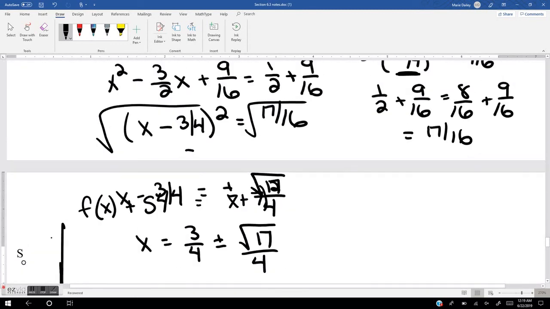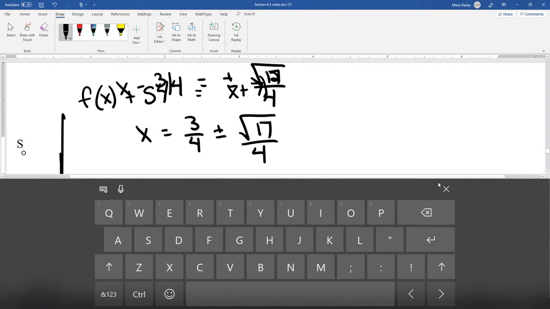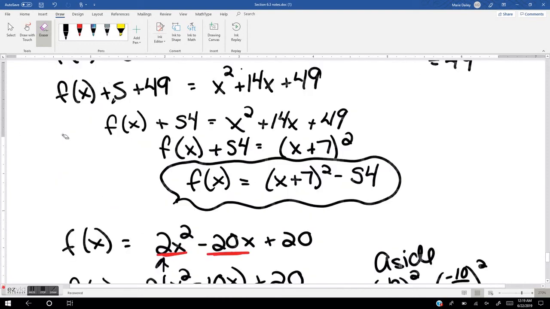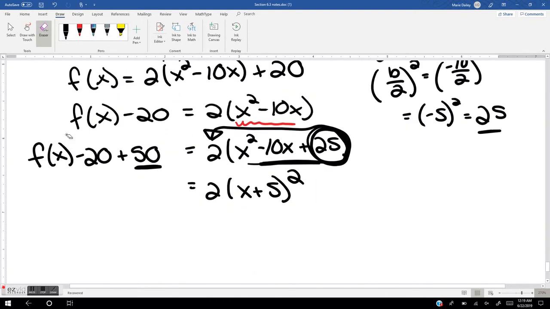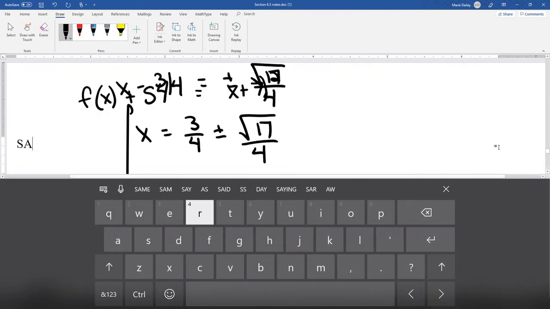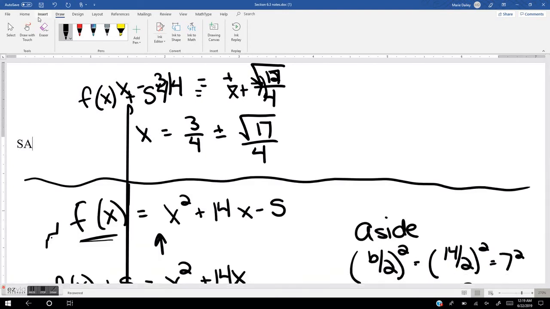So then that becomes, I'm so sorry. Okay. So this becomes f of x plus 30 equals 2 times x plus 5 squared, which is, good Lord, it's the last example, so it's going to be the biggest pain.